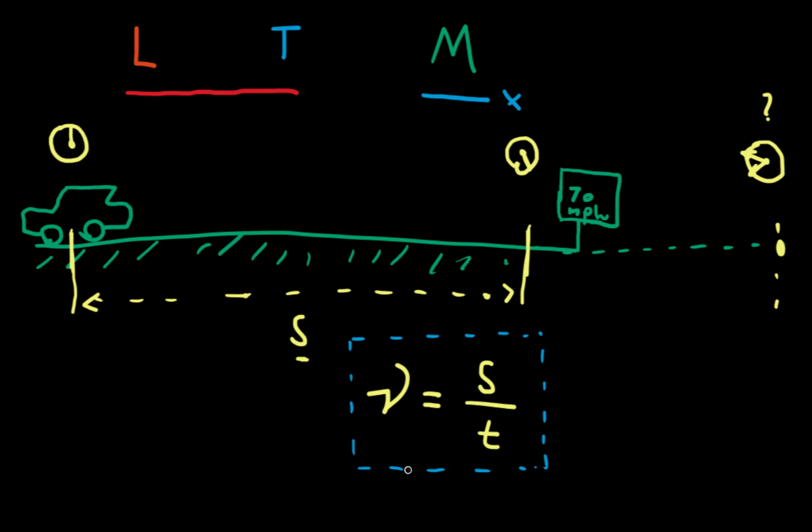Meaning that if I know the speed of this object, then I can tie the distance traveled with the time it takes to travel such a distance. Furthermore, if I know this distance, I do not need to follow this car to know how long it's going to take in the future for it to reach an undetermined point right here.